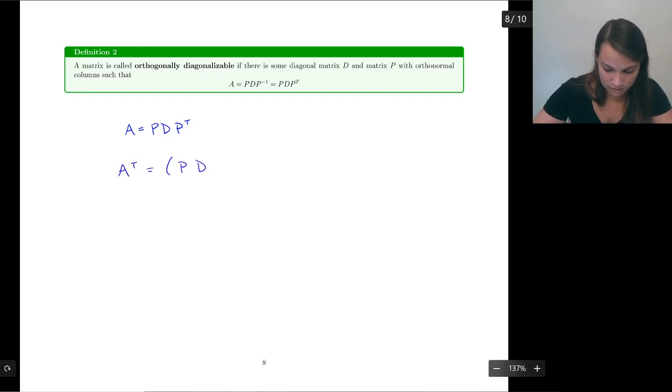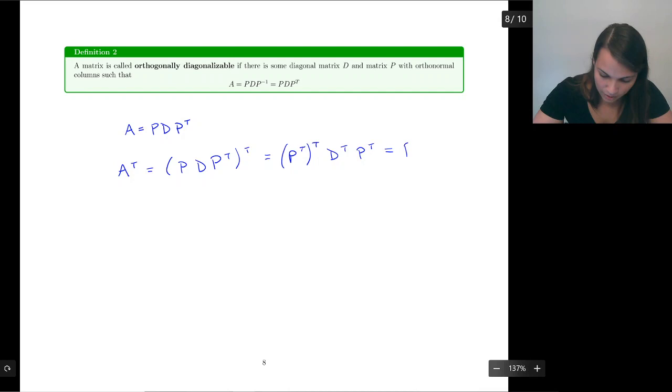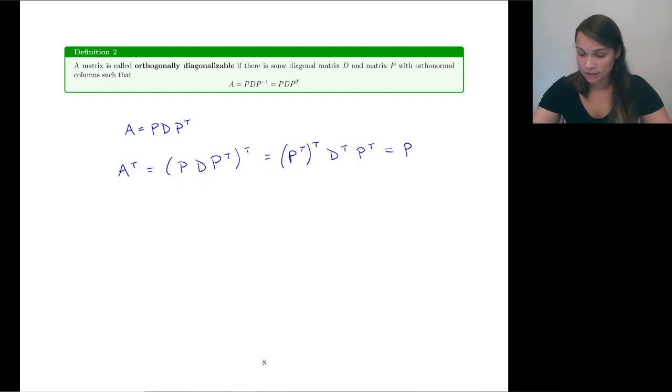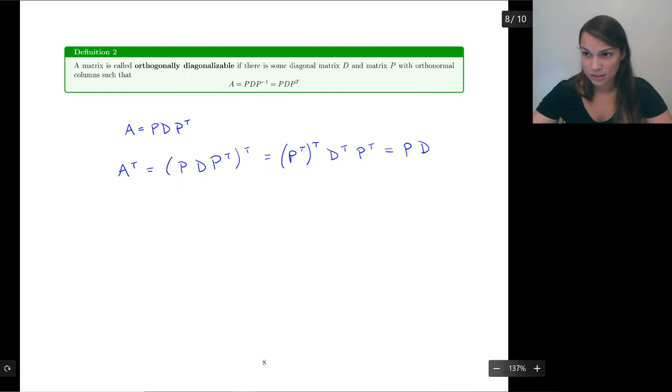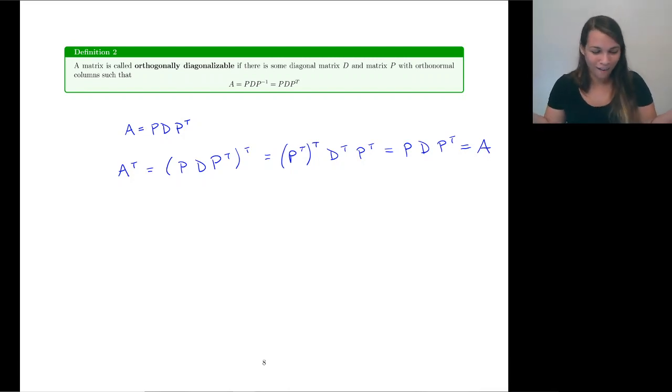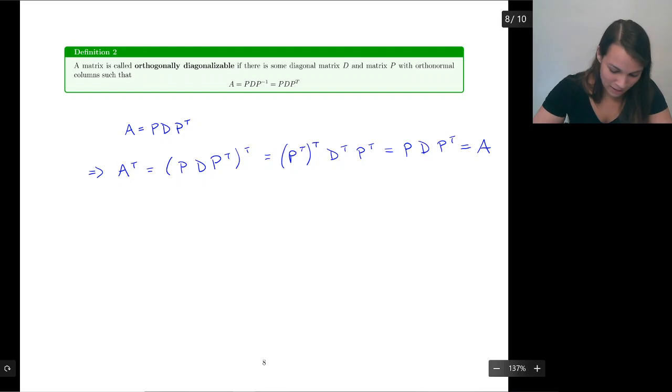That means transpose of all of these guys, which means we have to flip it backwards, double transpose on that guy. Okay, but a double transpose is just the original matrix, and then the transpose of a diagonal matrix is itself. But wait, that was A. So if it is orthogonally diagonalizable, that means A has to be symmetric.